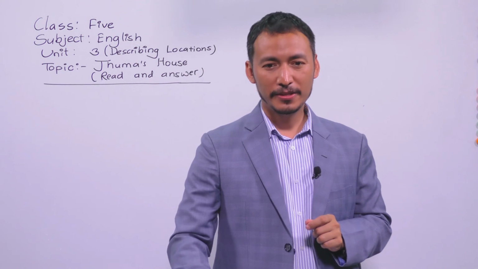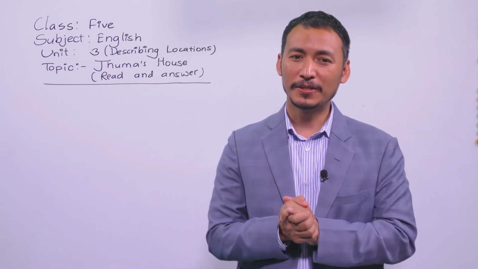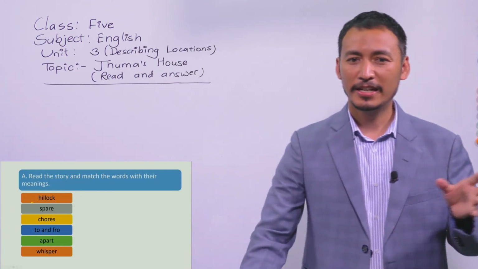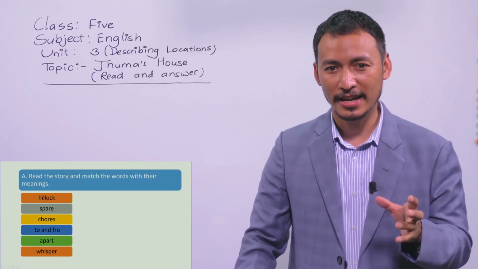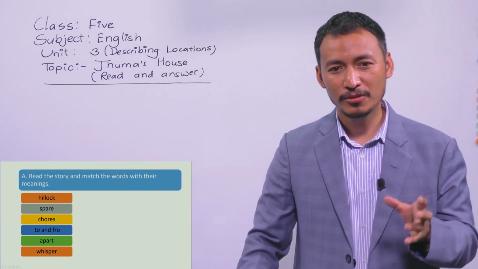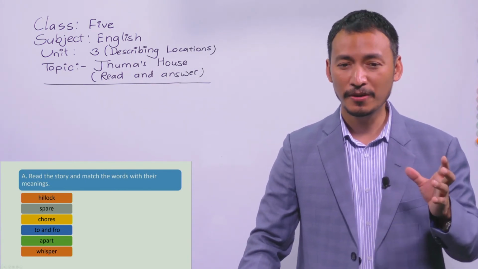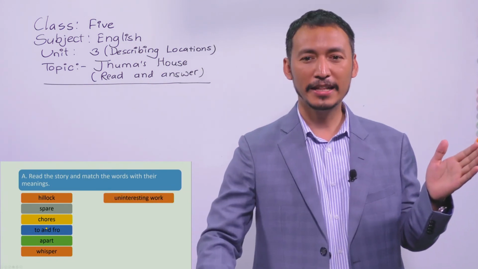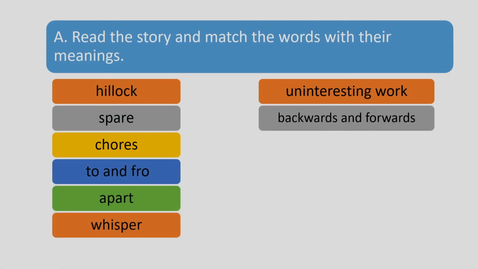Now, once again, do another exercise from your book. Read the story and match the words with their meanings. Now, do you remember hillock? Yes, right? Spare, chore, to and fro, apart, whisper. You remember all these, right? Now, let's see the words and then try to match them together.